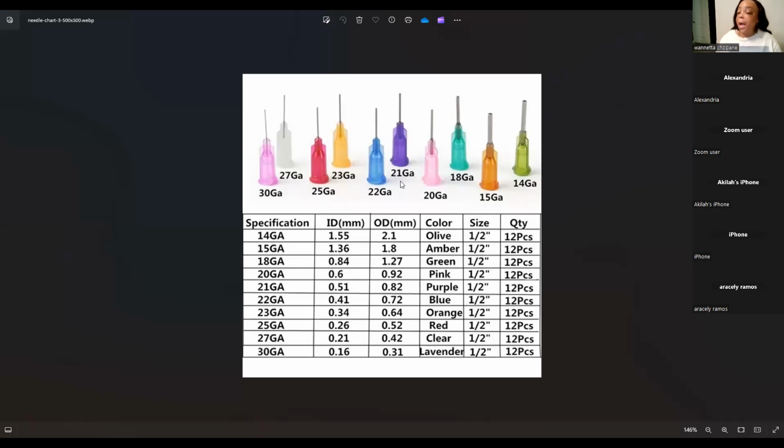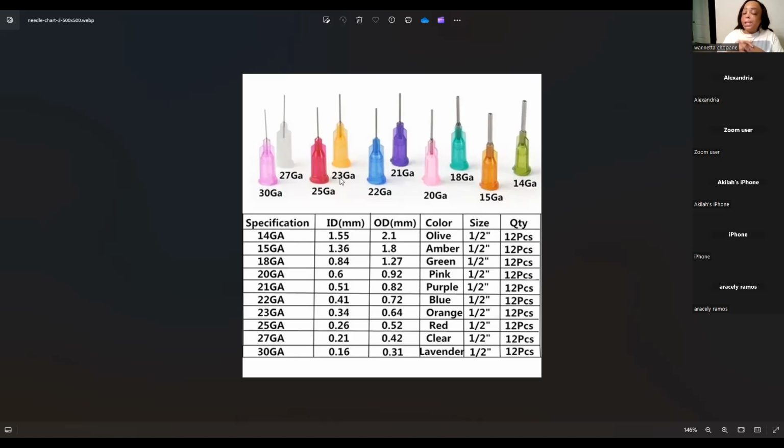And if I want to say which one is the biggest needle, out of the 22 and 21, can someone tell me which one is considered the biggest? 21. 21 is the biggest. Now, we will also use 23 in class. 23 is a smaller needle that you're going to see, and it's a butterfly needle. That needle is smaller and thinner.